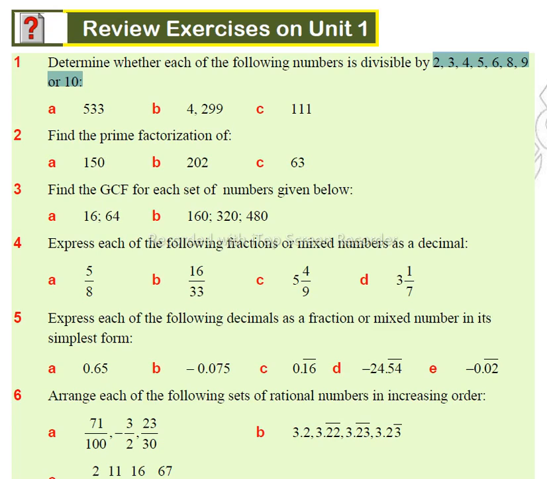What type of number is divisible by 2, 3, 4, 5, 6? So before going to this question, we try to see what type of numbers are divisible by 2, 3, 4, 5, 6, 8, 9 or 10. The first is a number that is divisible by 2.